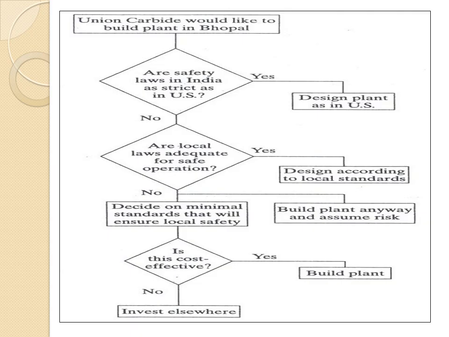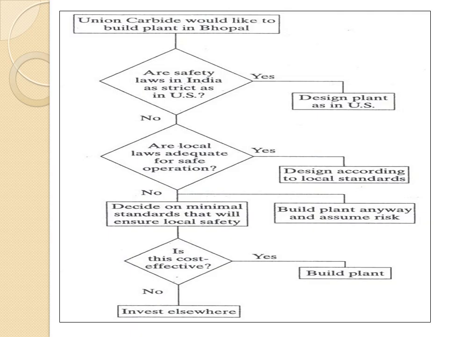Then the next question would be, is this cost convenient? Like making these minimum standards and ensuring local safety, after having done all this, is it cost effective? After having invested in all those areas, will the plant be economically viable, profitable?